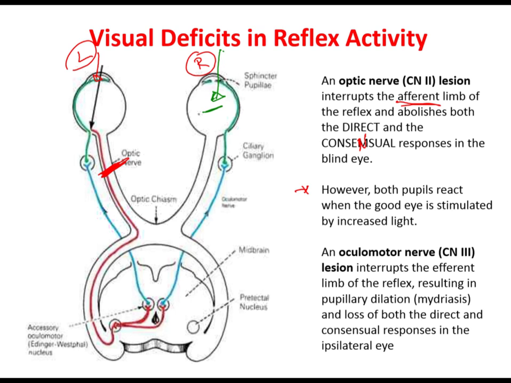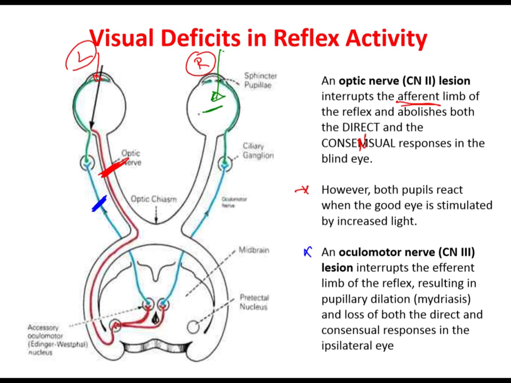And then at the bottom, we have an oculomotor nerve lesion. In blue here, a lesion affecting the oculomotor nerve, cranial nerve 3, interrupts the efferent limb of the reflex. It would result in pupillary dilation and loss of both the direct and the consensual responses in the ipsilateral eye.